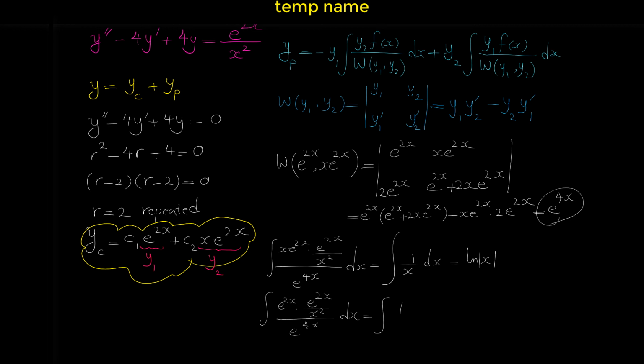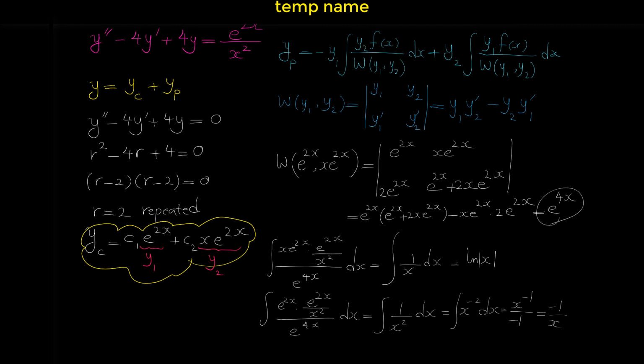Finally, this remains in this integral, 1 over x squared dx. We can write it as x to the negative 2, and the integral of x to the negative 2 is x to the negative 1 over negative 1, which we can write as negative 1 over x. And this is the second integral.